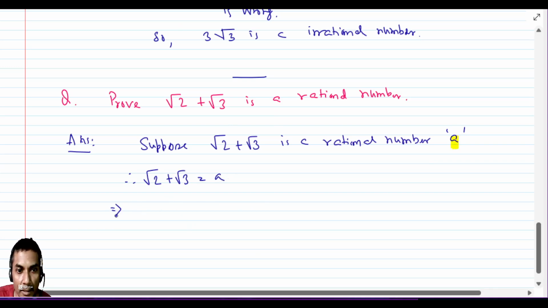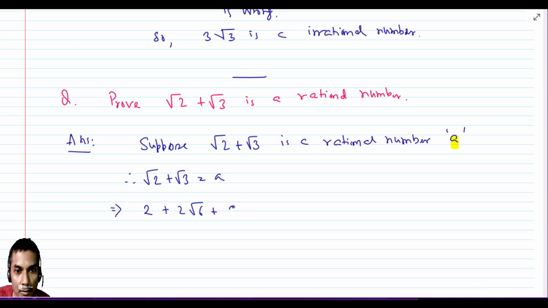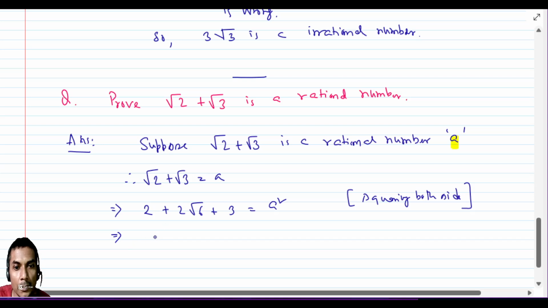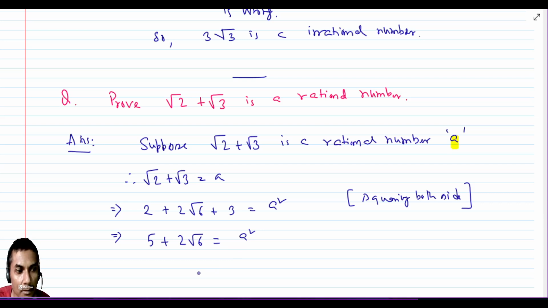Squaring both sides we get 2 plus 2 root 6 plus 3 is equal to a square. Clear? So what we get, 5 plus 2 root 6 is equal to a square. Clear?